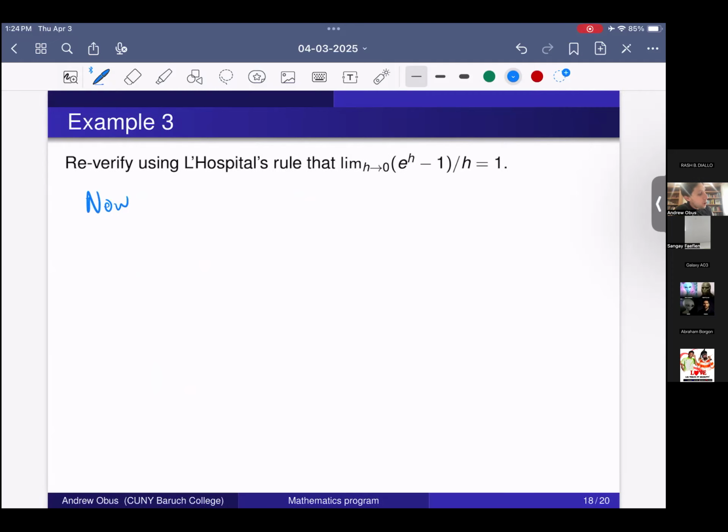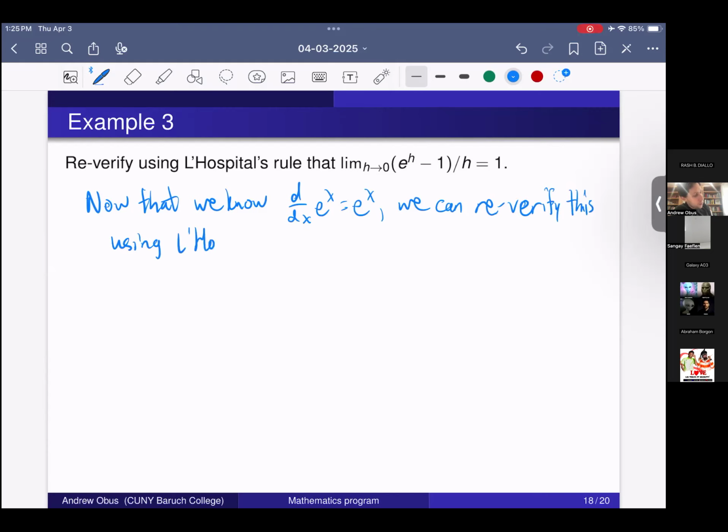So now that we know that the derivative of e to the x is equal to e to the x, we can re-verify this using L'Hopital's rule.